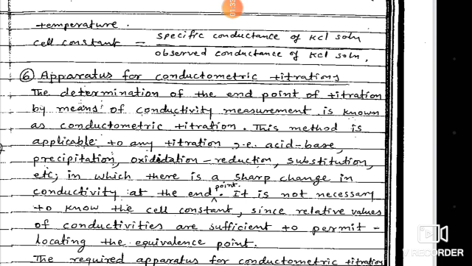Let's see the apparatus for the conductometric titration. The determination of the end point of a titration by means of conductivity measurement is known as conductometric titration.